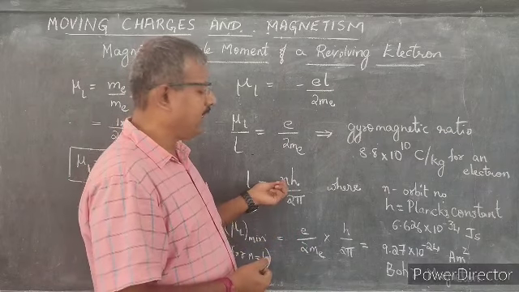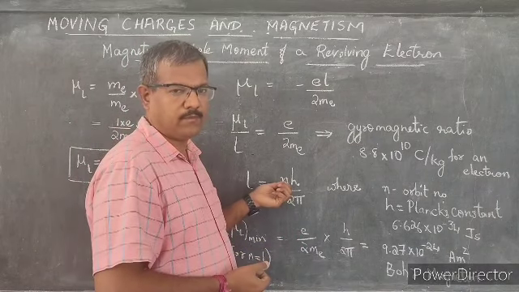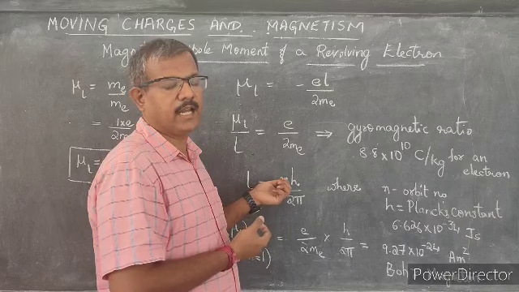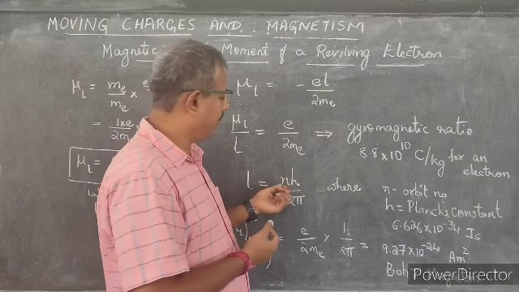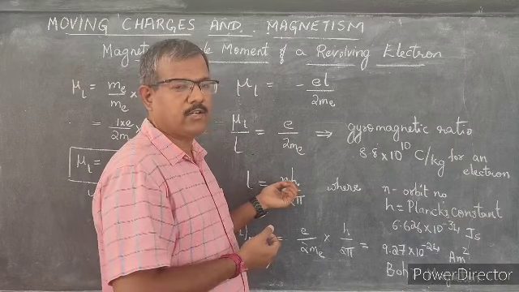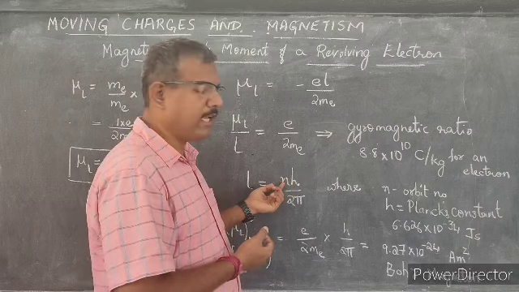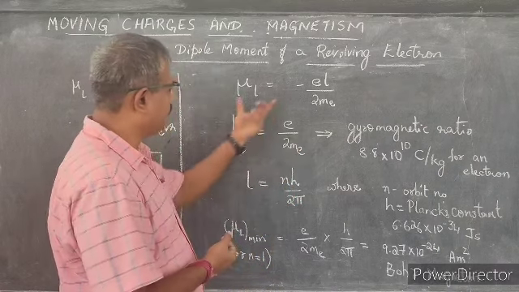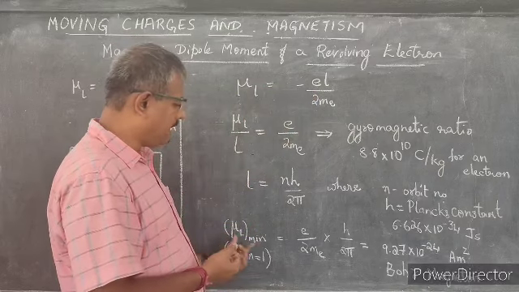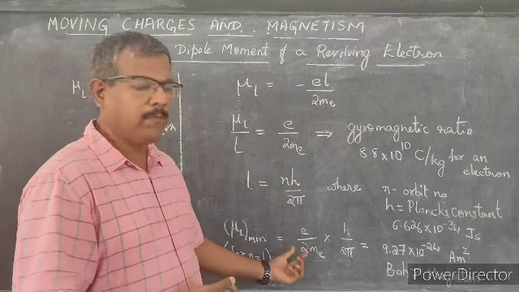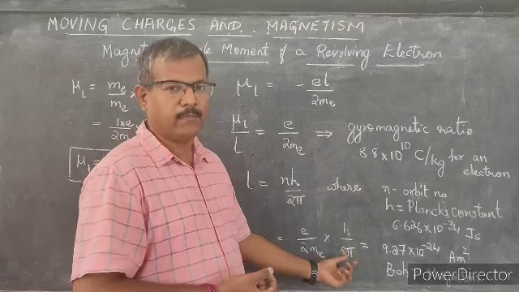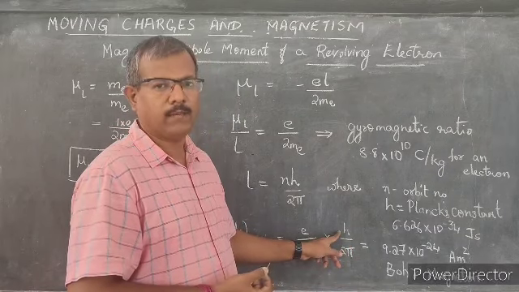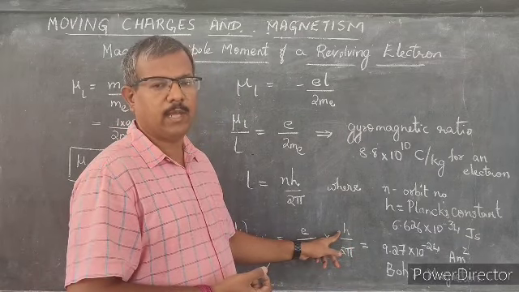Now, if I consider the hydrogen atom and I take the very first orbit where there is an electron orbiting, then the n value becomes 1. And if I substitute this back into this equation, I get mu L is equal to e by 2me into h by 2 pi, where I have assumed n has taken the value 1.